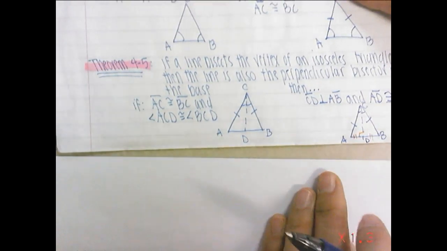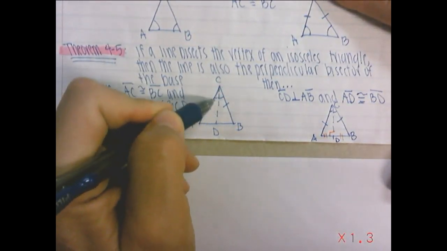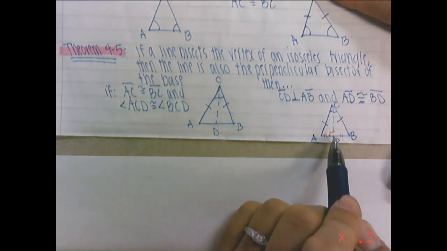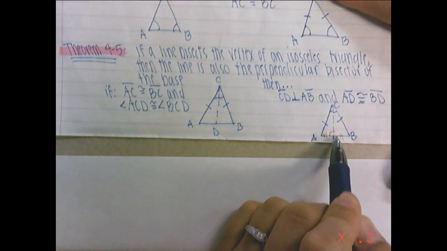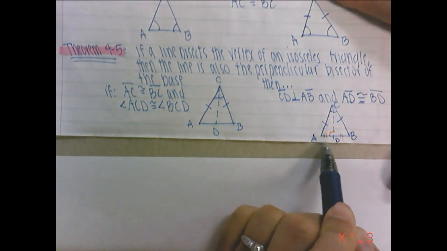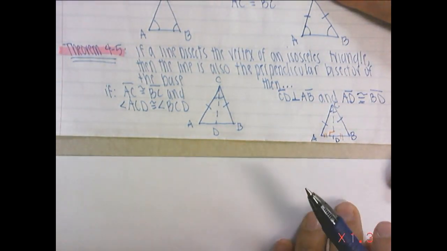So these pieces are congruent to each other. So when we have Theorem 4.5, we have this perpendicular bisector. We end up having two congruent angles. We have a perpendicular line here, so we have a 90-degree angle. And not only that, we have two other congruent pieces, AD and DB.